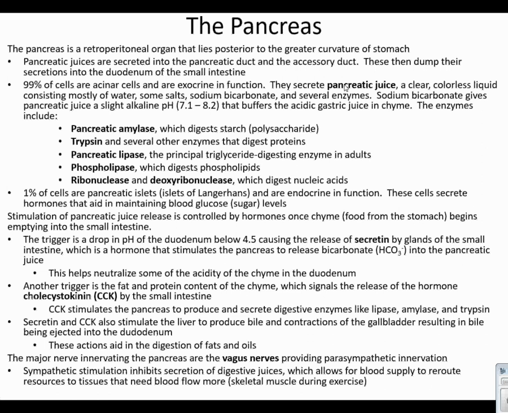And then we've got pancreatic lipase, which actually happens to be our principal triglyceride digesting enzyme. I'm going to go ahead and add, because it's listed here, phospholipase. Because phospholipase, based on its name, it should not be a mystery or a surprise, breaks down phospholipids.